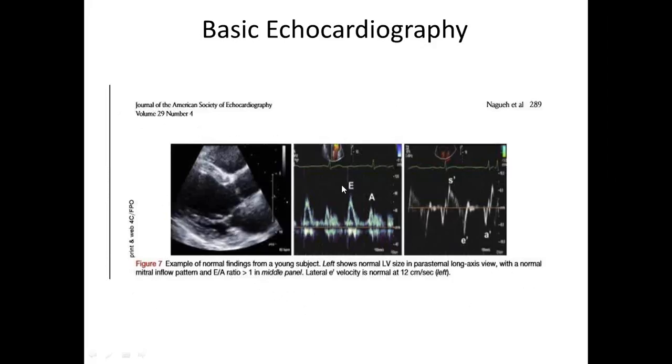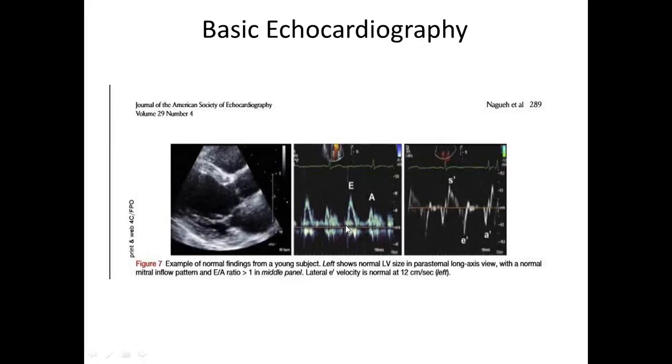So when we do mitral inflow, you get your E velocity, which is, of course, the suction effect. When the aortic valve closes before the mitral valve opens, you have your IVRT, the isovolumic relaxation time.